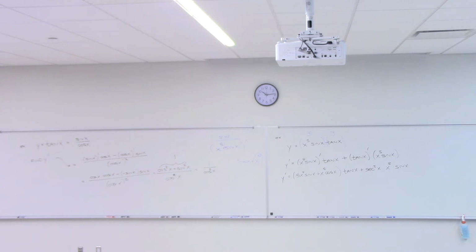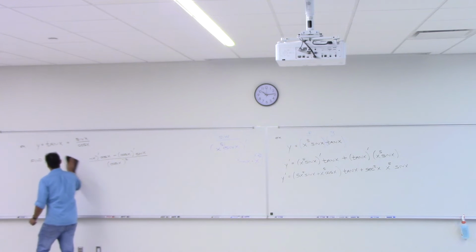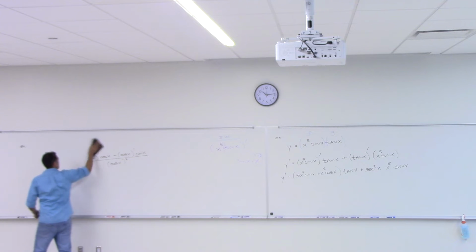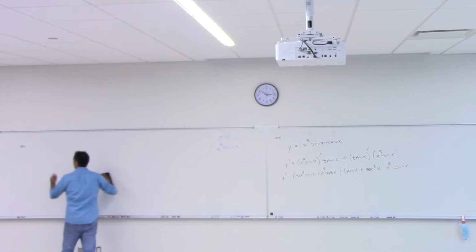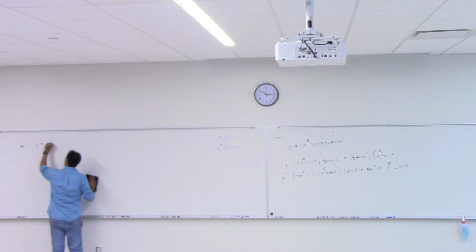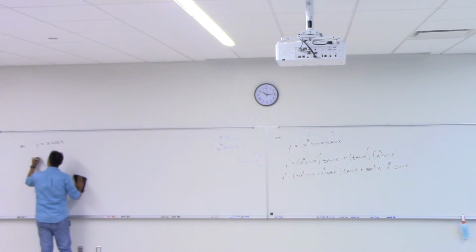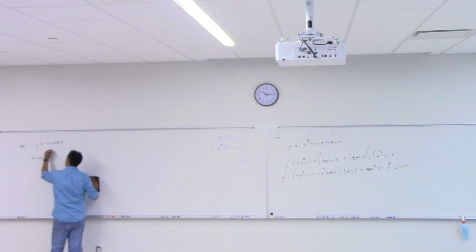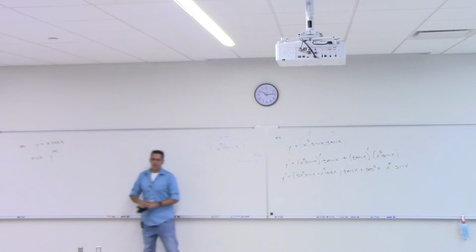I think you can handle all this homework, except one problem. So I've got time for it. y equals x cosine x. Find, so what does that notation mean?